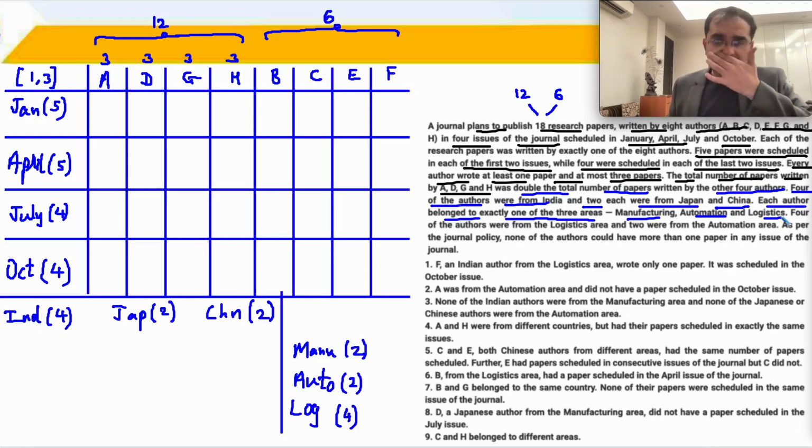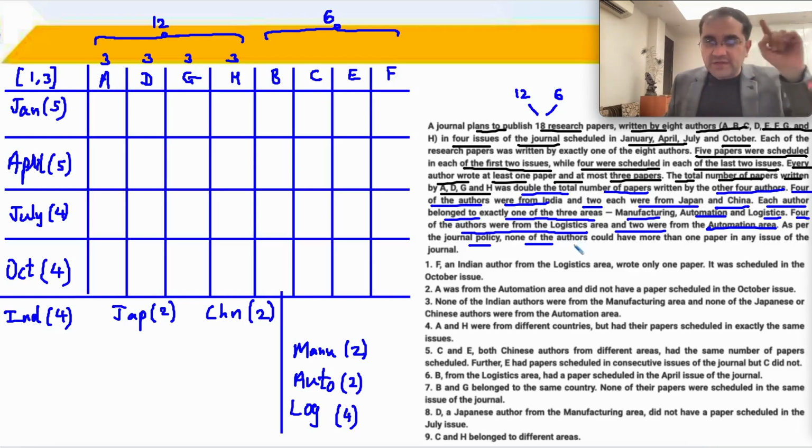So this is a lot of information coming through, and if you do not organize it properly, then you are doomed. 4 of the authors were from logistics, and 2 were from automation, so the other 2 went to manufacturing. As per journal policy, very important, none of the authors could have written more than 1 research paper in any issue of the journal.